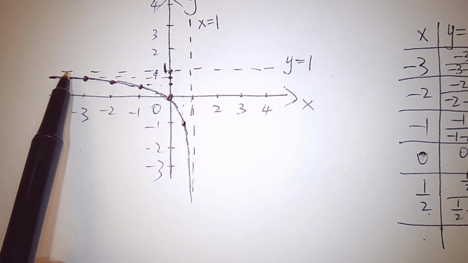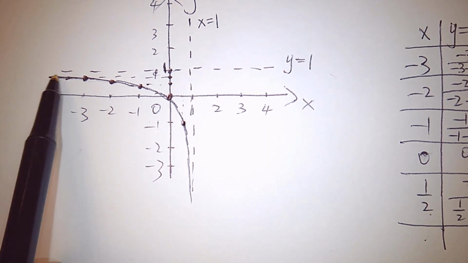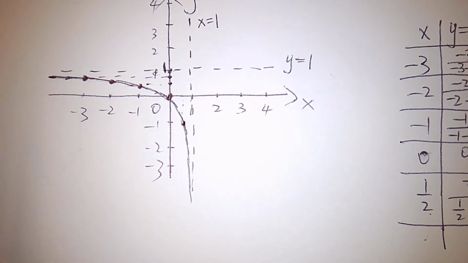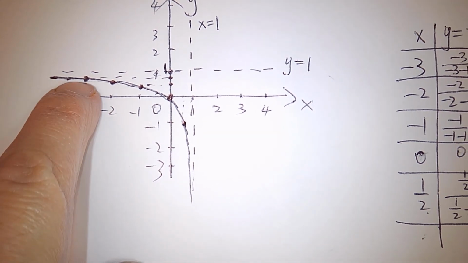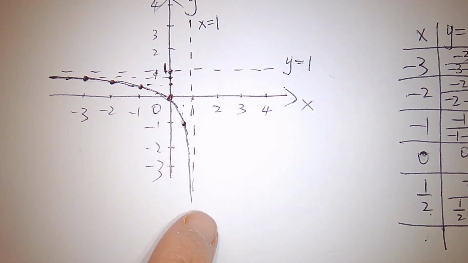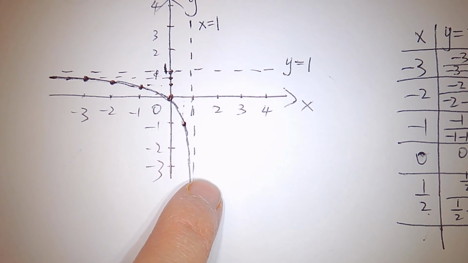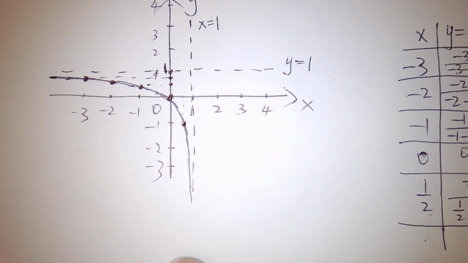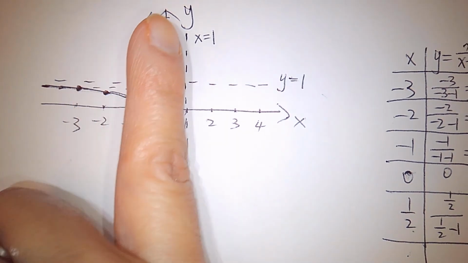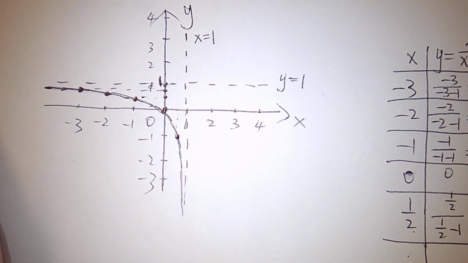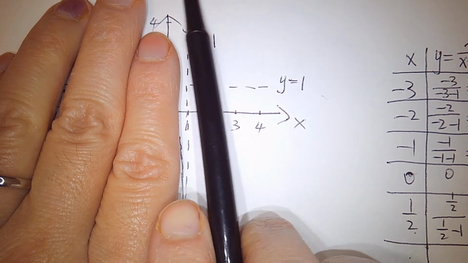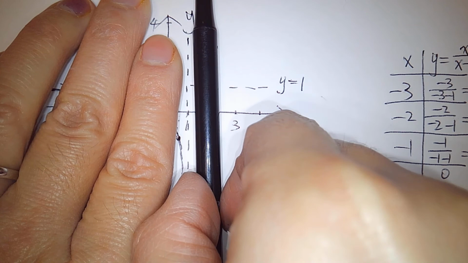Our graph cannot touch or cross the what? Horizontal asymptote, right? So see, is this graph decreasing when x is less than 1, yes or no? Yes. Is the graph concave downward? Yes or no? Yes. Okay. Alright, so this is when x is less than 1. We checked that.